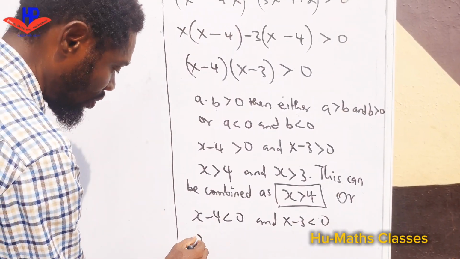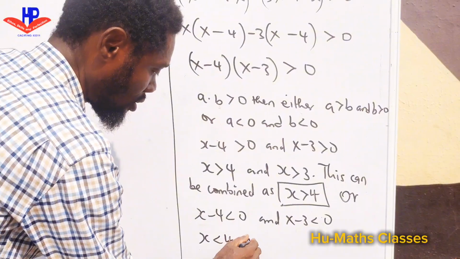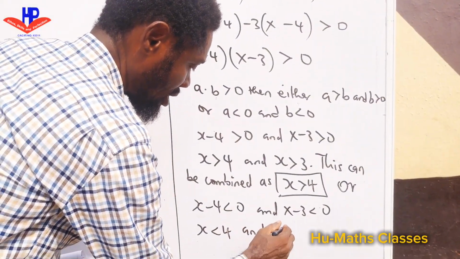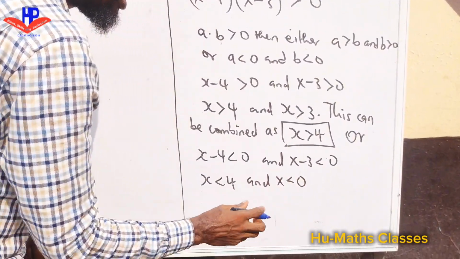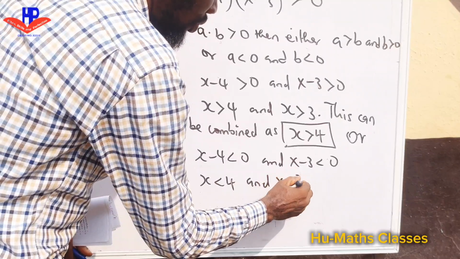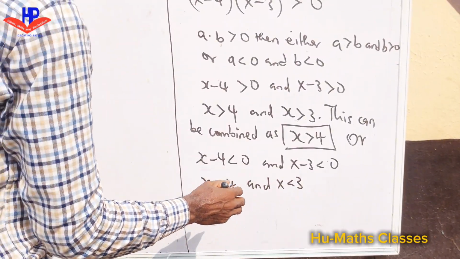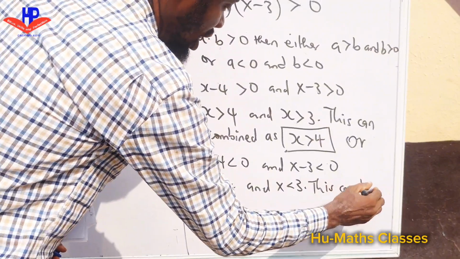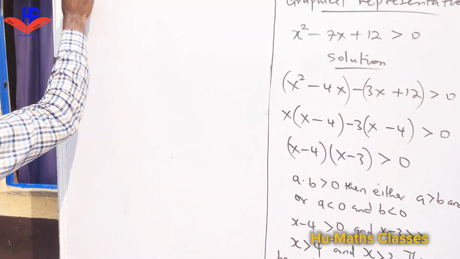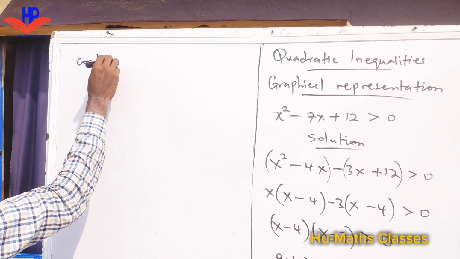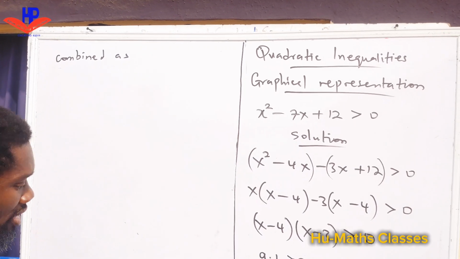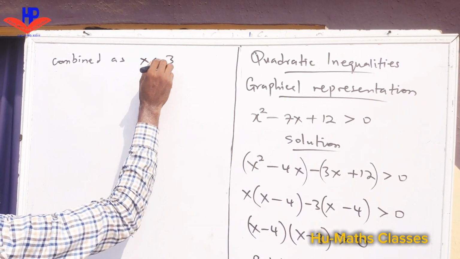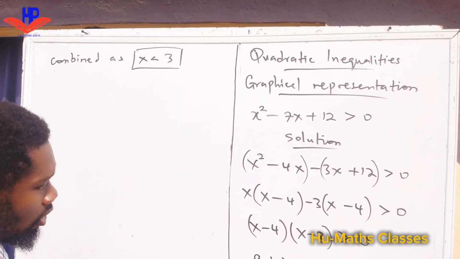So in this case, we have x is less than 4 and x is less than plus 3, sorry. So this can be combined as x less than 3. We've already picked out 4.